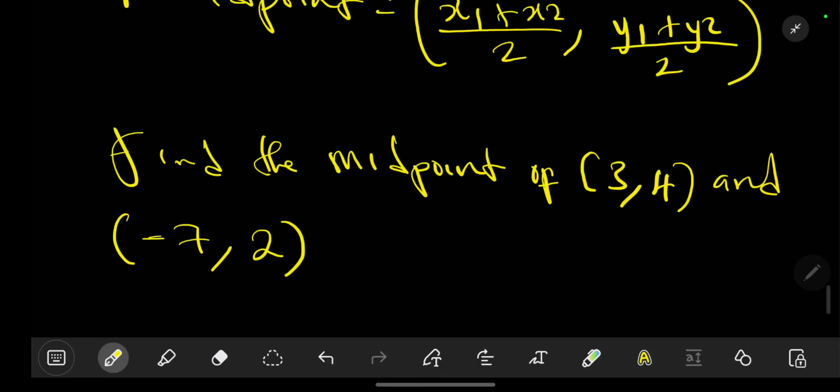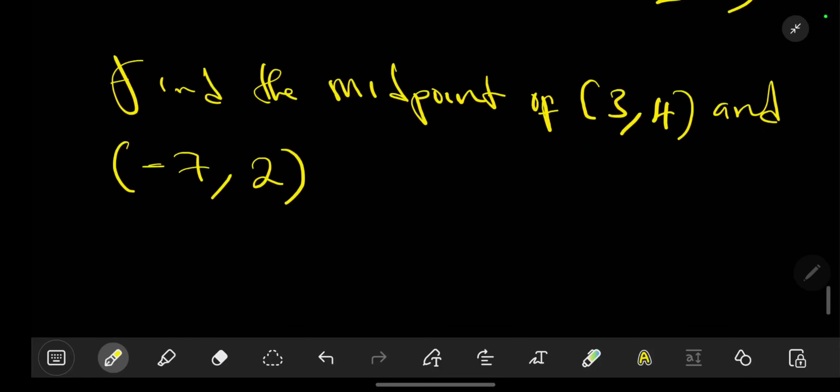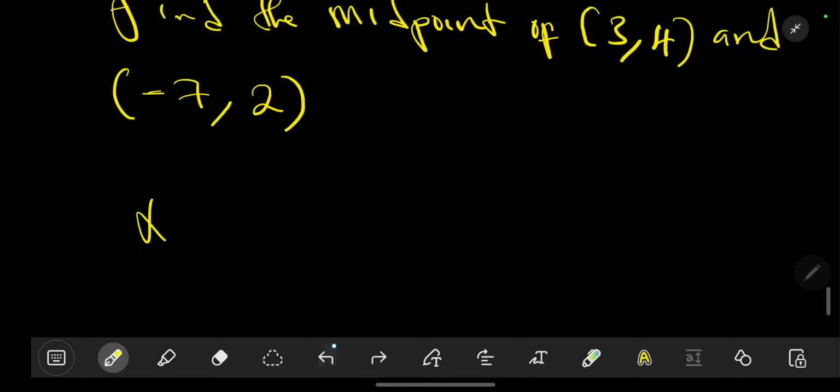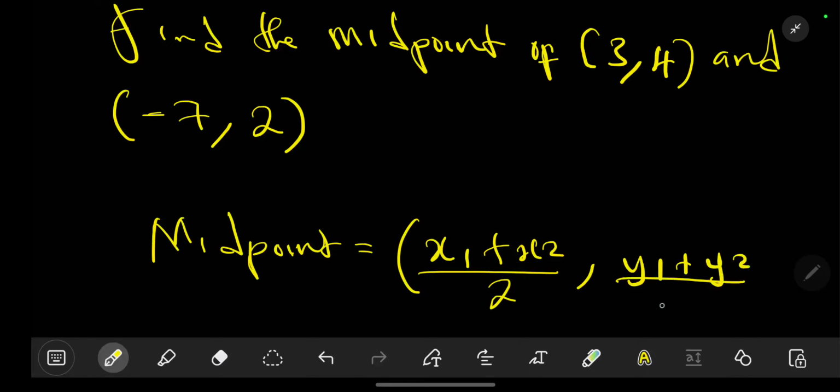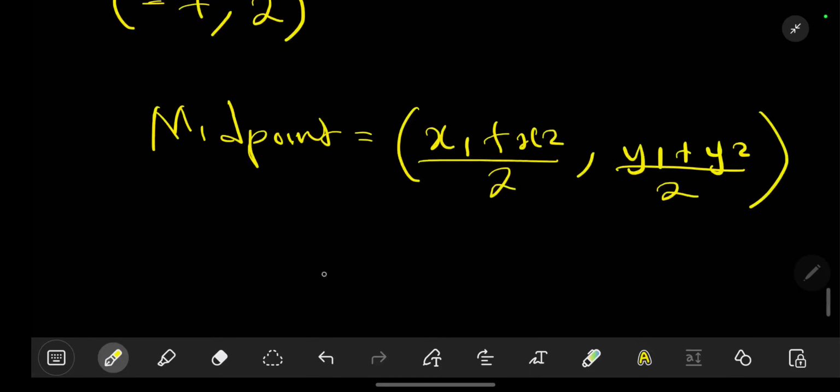So find the midpoint of these. How are you going to do it? The midpoint should be equal to your x1 plus your x2 over 2, comma, your y1 plus the y2 over 2. So if you have a line like that, you are looking for the midpoint, the center.